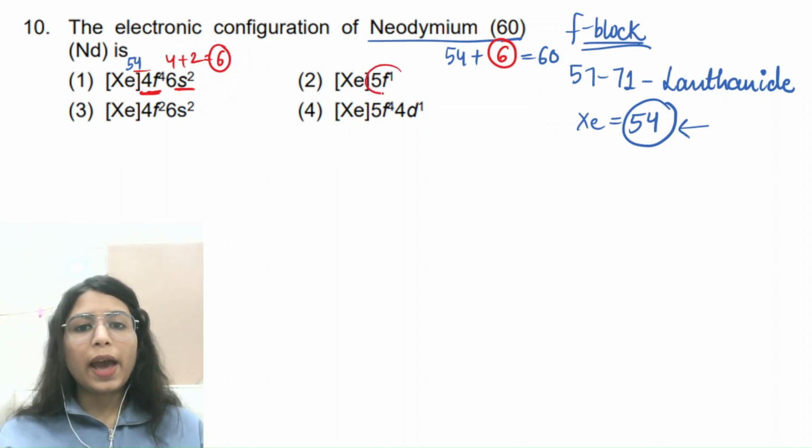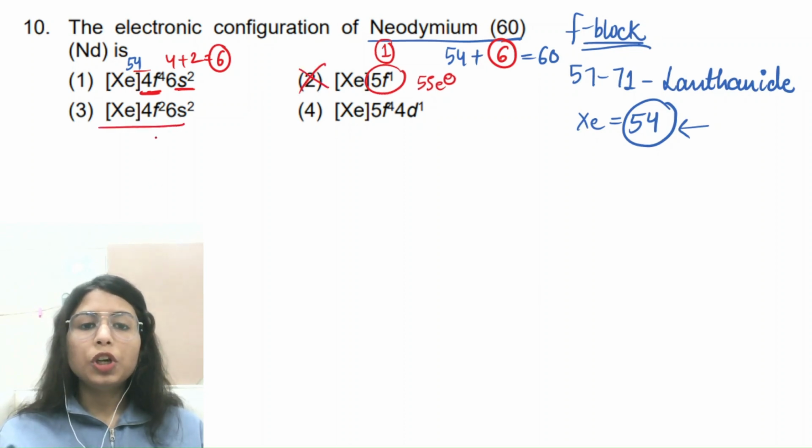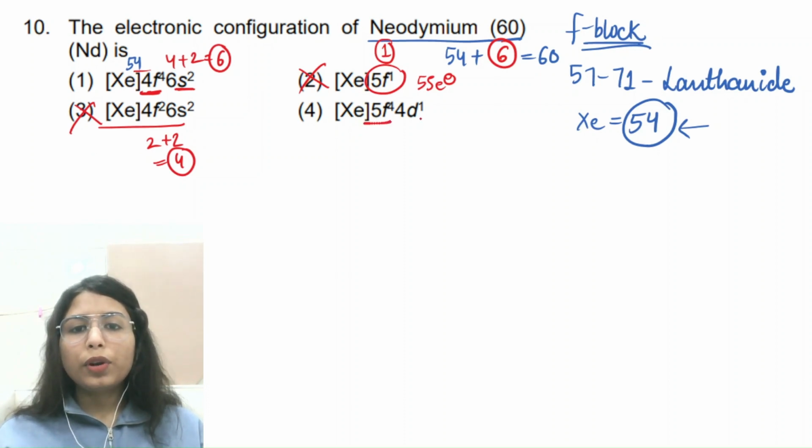In this case, you can directly eliminate the option where only one electron has been filled, so a total of 55 electrons is present there. So this option is incorrect. Next, in this option you have 2 plus 2, which is 4 extra electrons, so you can eliminate it too. Here it is given 4f4, 5f4, 4d1.